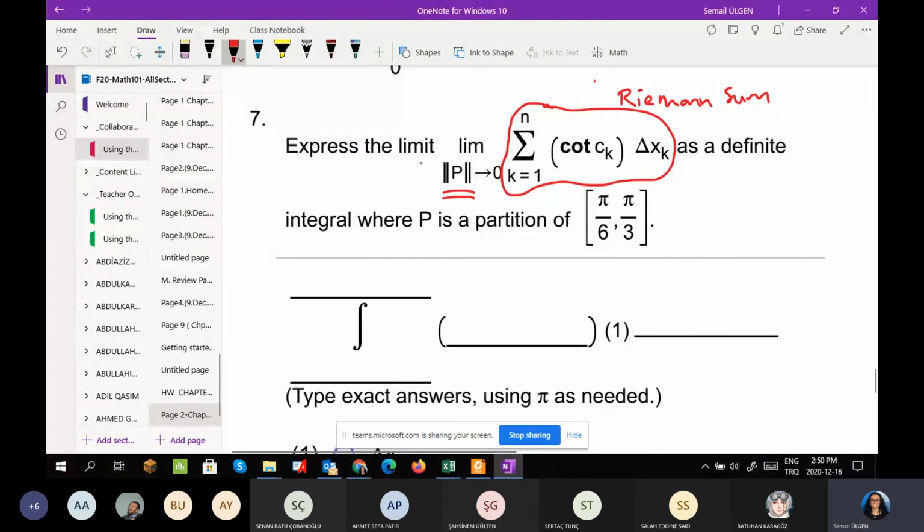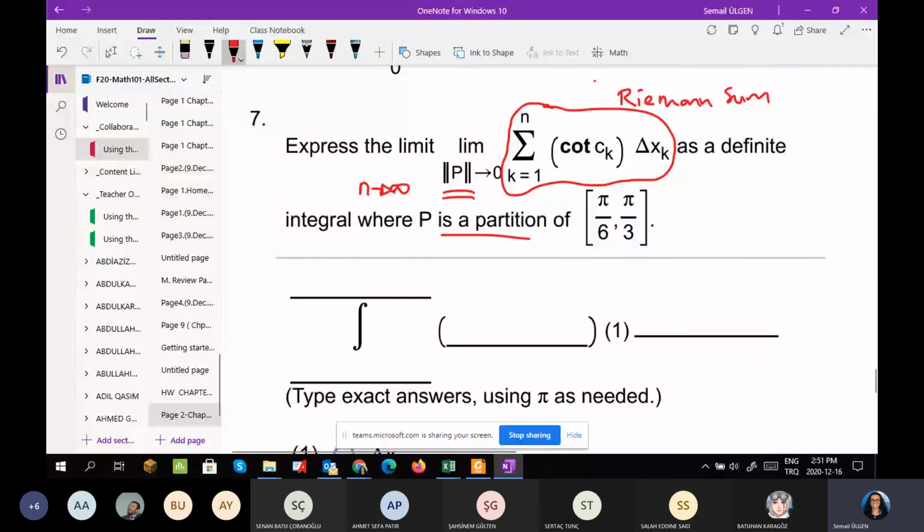The length of P going to 0 means the number of rectangles n goes to infinity. It's the same thing.